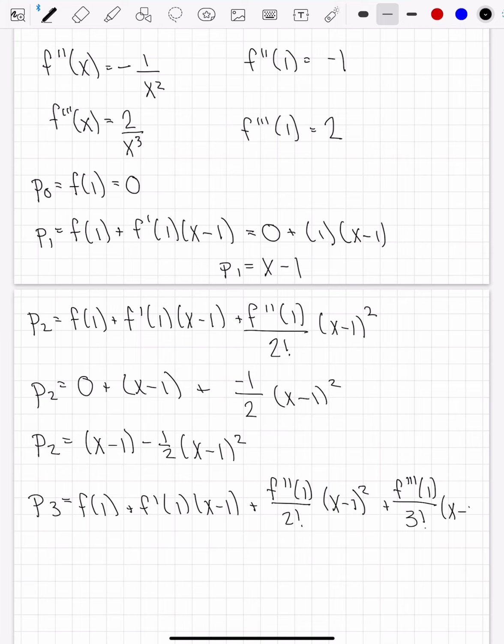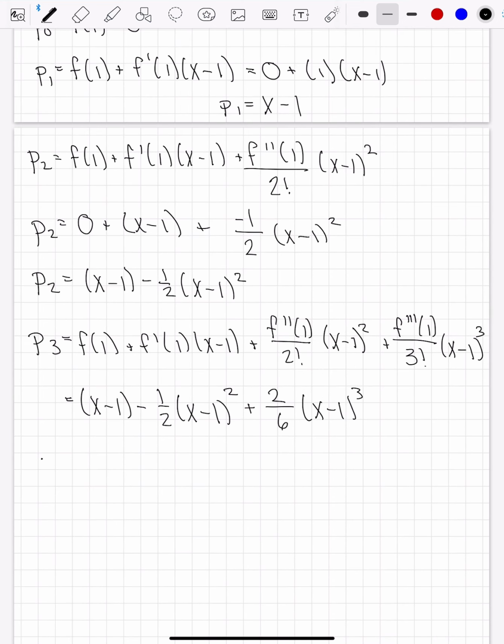So now we plug in n is 3 for the last term, and we bring down everything we had from P2. Now we add on f triple prime of 1, which we got was 2, and 3 factorial is 6, times x minus 1 cubed. So P3 simplifies to x minus 1 minus 1/2 x minus 1 squared plus 1/3 x minus 1 cubed.